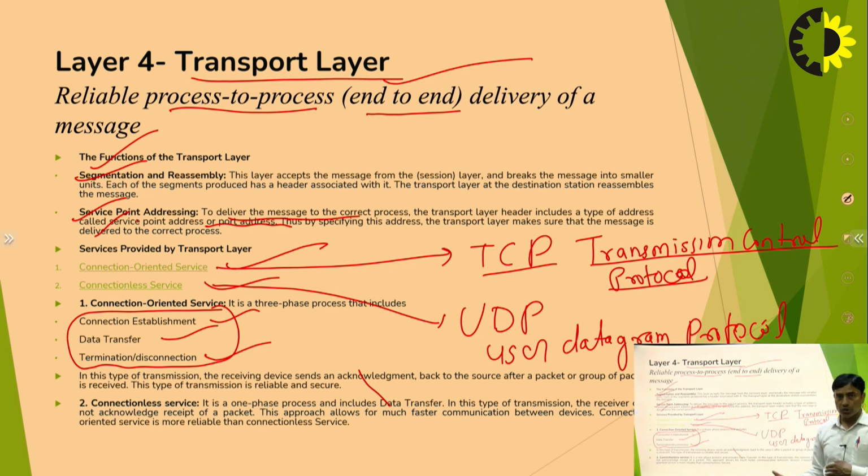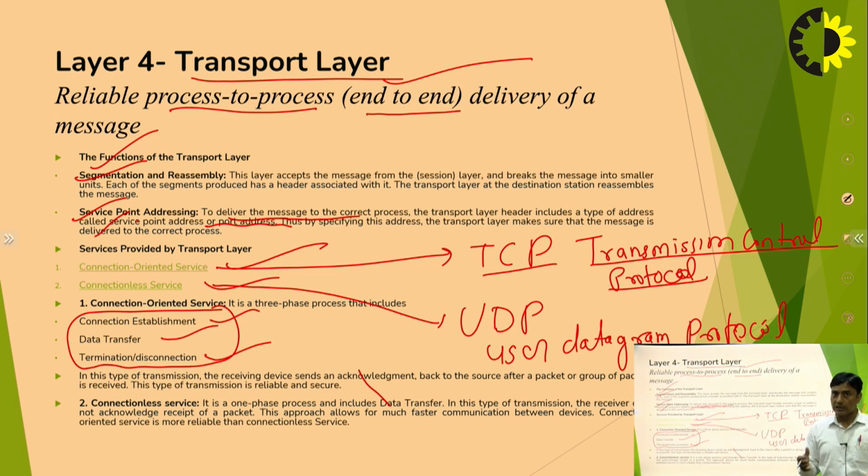If you want connection oriented service, no doubt, that is the reliable service, because there is an acknowledgement, so the sender comes to know whether their data is received or not. So if you want reliable communication, TCP is there.